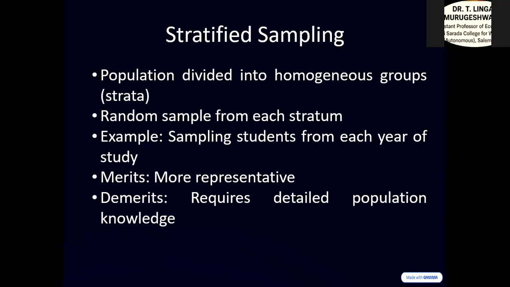Next is stratified sampling. This method divides the population into distinct groups or strata based on characteristics such as age, gender, or education level. Then a random sample is taken from each group. It's especially useful when different subgroups need to be represented proportionally in the sample.